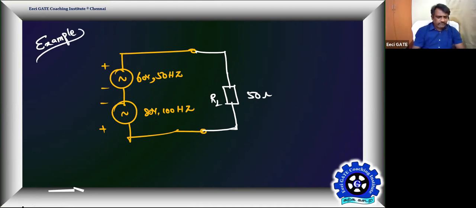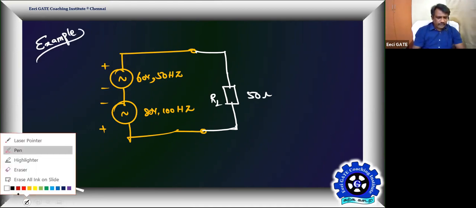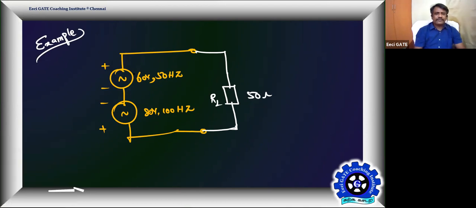Next example, find the power delivered to the load now. Power delivered or power across the 50 ohm resistor, not plus minus. Plus minus is applicable only for the voltage. Power delivered to the 50 ohm resistor in the given circuit.